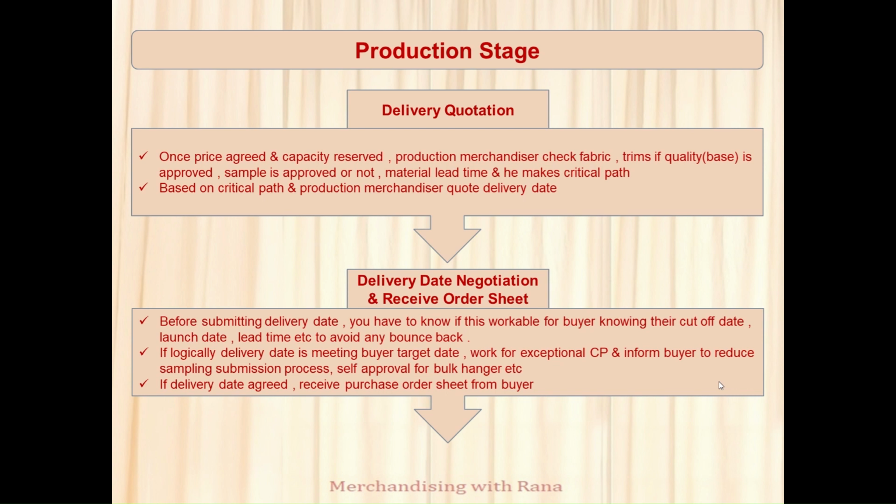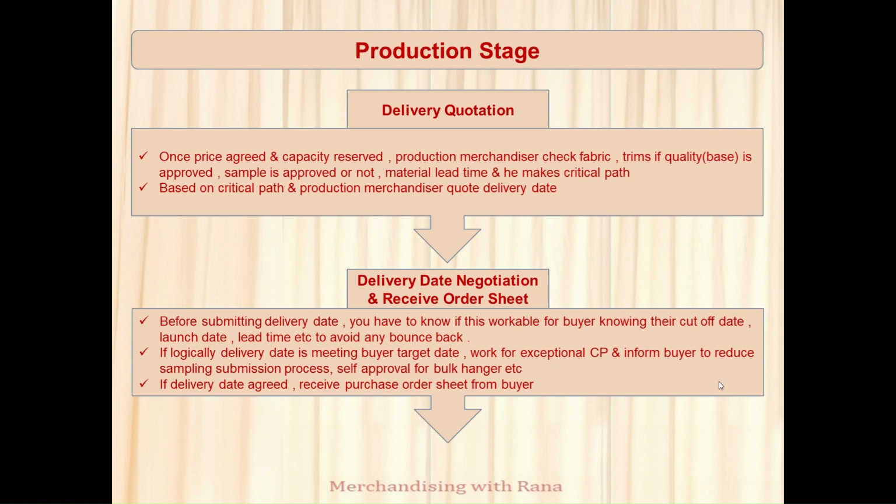At that time, I have to offer some options, like whether I can approve the bulk hanger by myself, that means self approval, or whether I can submit a sample with an available color. In this way, I can offer a 7 to 10 days reduction in the lead time, and so I can offer the quick delivery date.